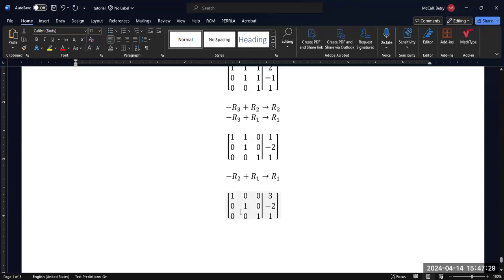If you're not using technology, it may in fact be faster to stop and back solve. But if you're in a system where you have a dependent system and you need to find a parametric equation for your solution, well, then you're going to need to go to this reduced echelon form and not just stop and back solve, because then your equations will be too complicated.